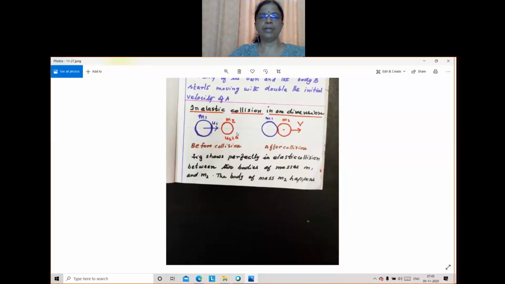The kinetic energy is not completely lost, but they move together. The figure shows a perfectly inelastic collision between two bodies of masses m1 and m2, moving with a common velocity.